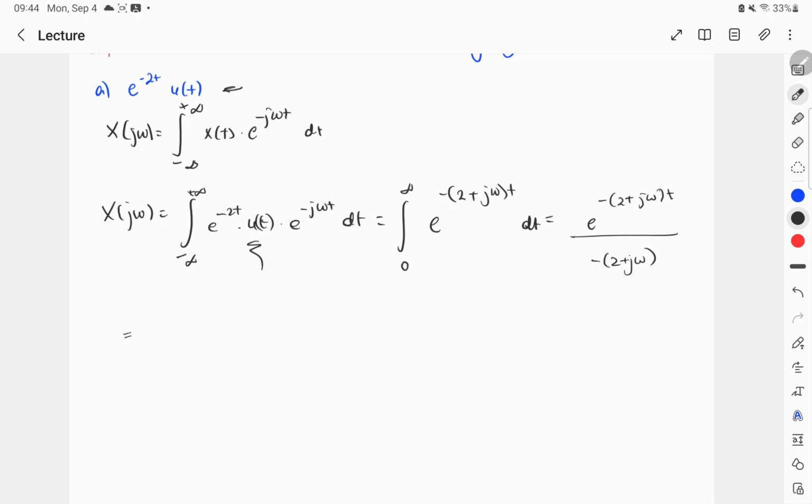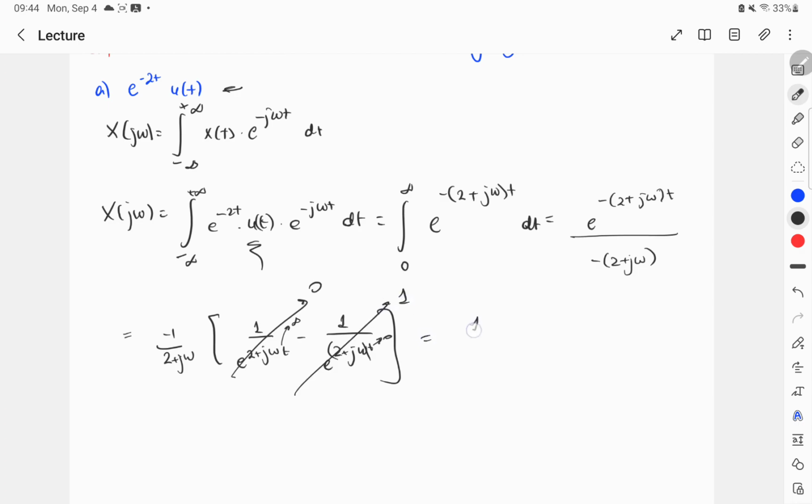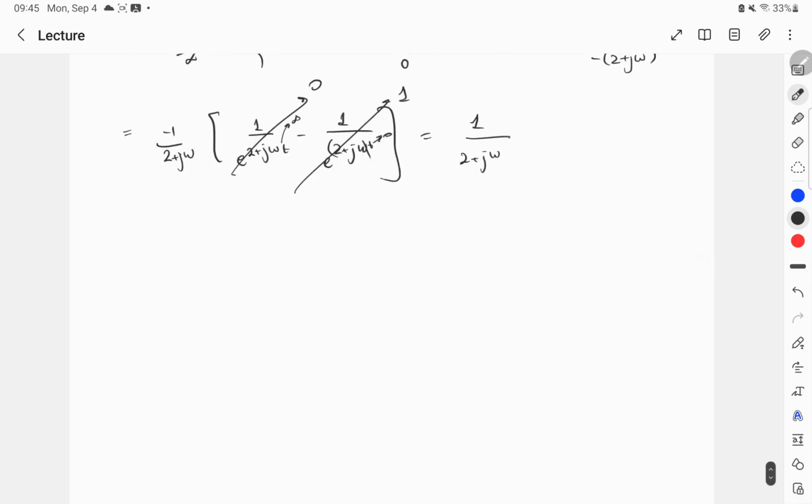And then write this part separately. And then eventually if we write infinity here, it will give us 0. And if we write 0 here, it will give us 1. So our final answer will be 1 over 2 plus jw. That's it. That's easy, right?